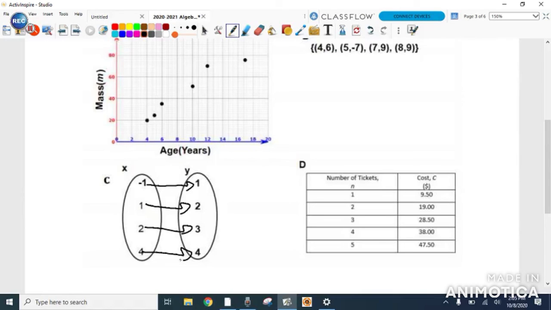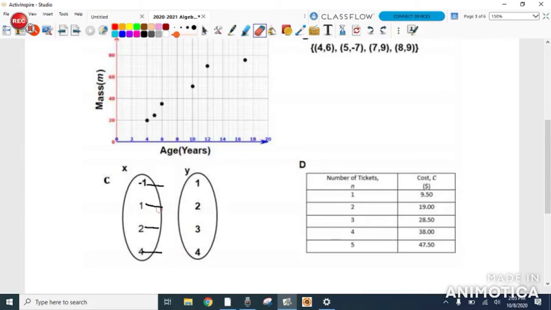Remember, on a graph, the way that we can figure that out is called the vertical line test. They'll have the right spot on yours, but just not on mine right now.